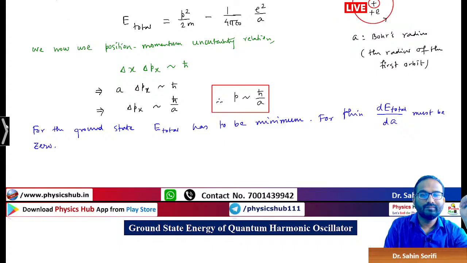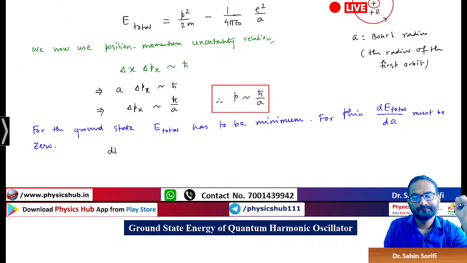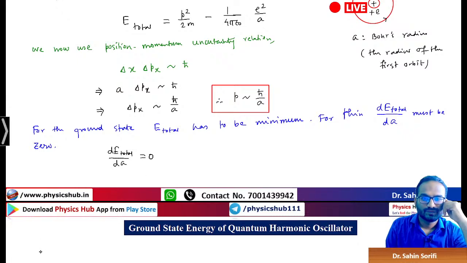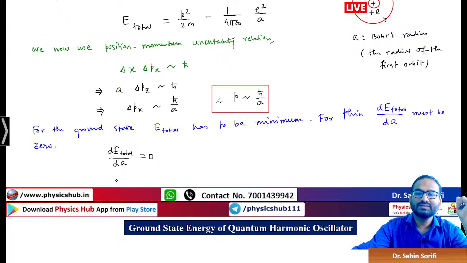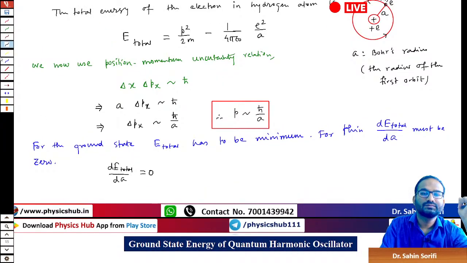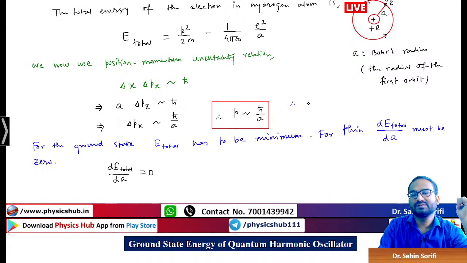So if you make dE total by dA equal to 0, then what will you get? Okay, first let's plug in this value of P into this expression, because we need to convert everything in terms of A.